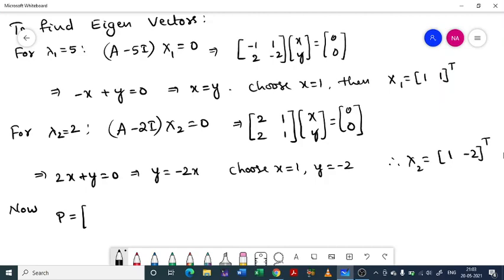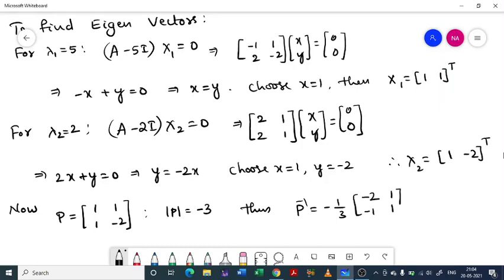Now P equal to, I think I can write it directly. First column will be the first eigenvector, that is (1, 1). Second column will be the second eigenvector, (1, minus 2). Determinant of P is minus 2 minus 1, that is minus 3. Thus P inverse will be minus 1 by 3 into adjoint of P, that is interchange diagonal entries, minus 2 and 1, change the sign of non-diagonal entries, minus 1, 1.